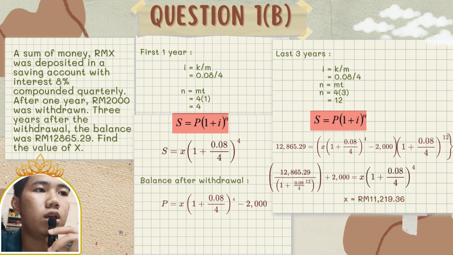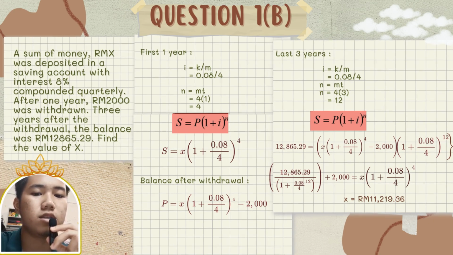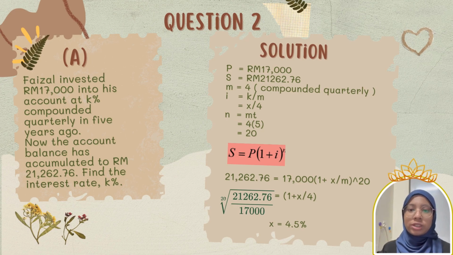For the last 3 years, we use the same formula: i equals 0.08 over 4, n equals 12. S was already given to us, which is 12,865 ringgit 29 cents. The P is the balance after the withdrawal, and we get 11,219 ringgit and 36 cents.